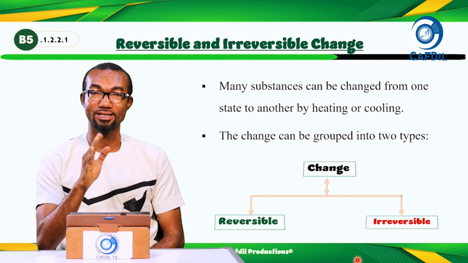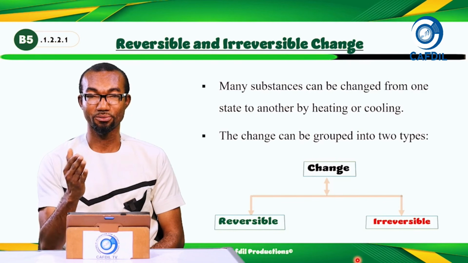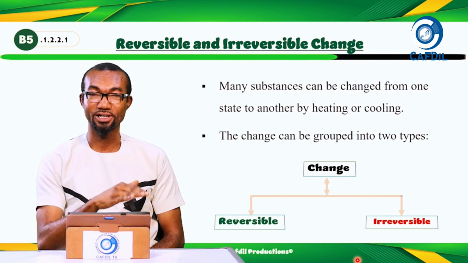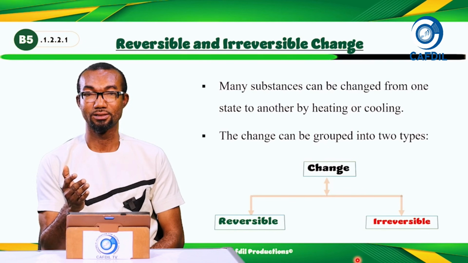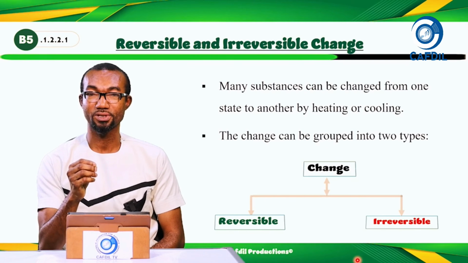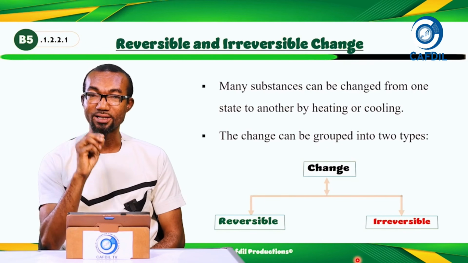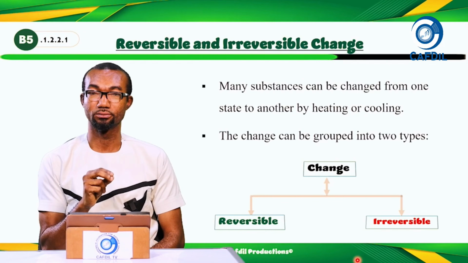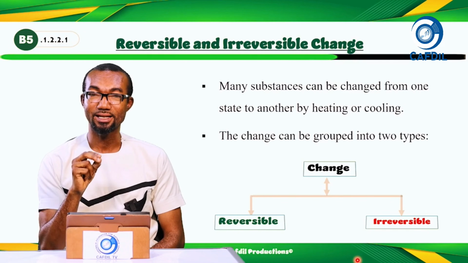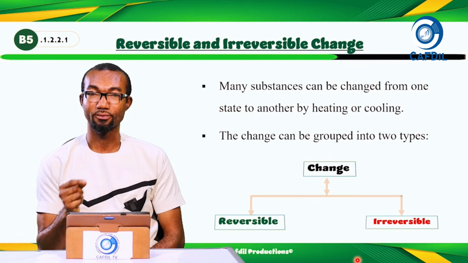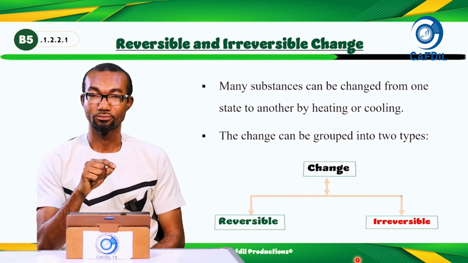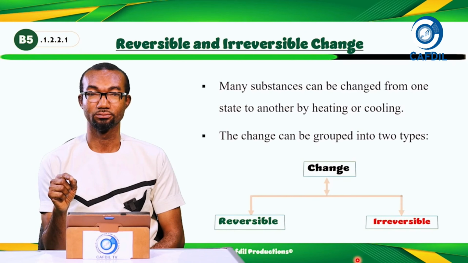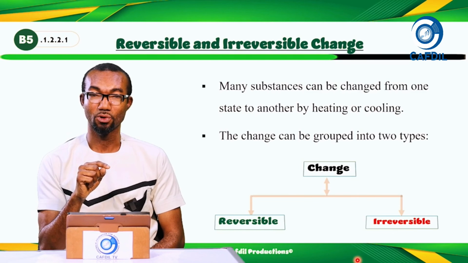A substance can change from solid to liquid, from liquid to solid, from liquid to gas. Many substances can change from one state to another by either heating or cooling, and the change can be grouped into 2, reversible or irreversible.